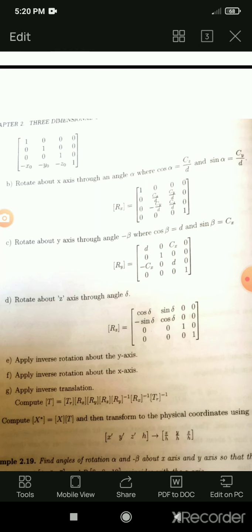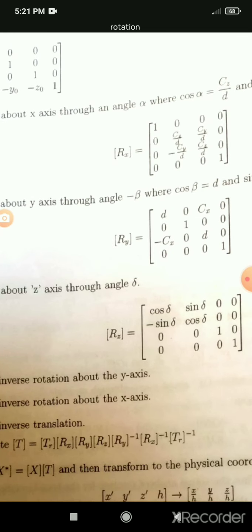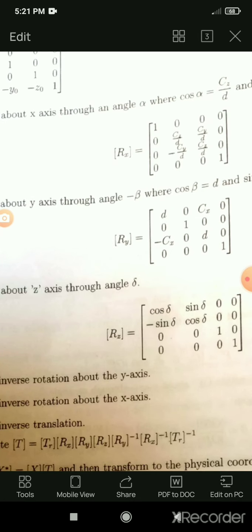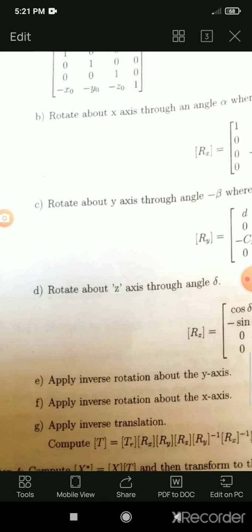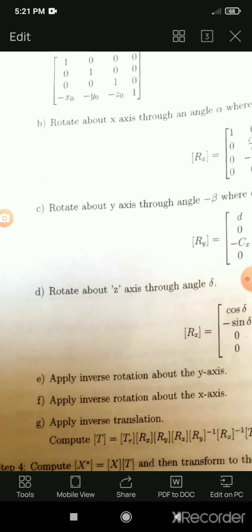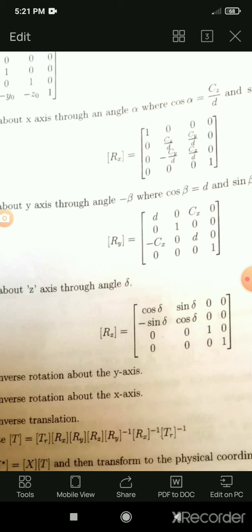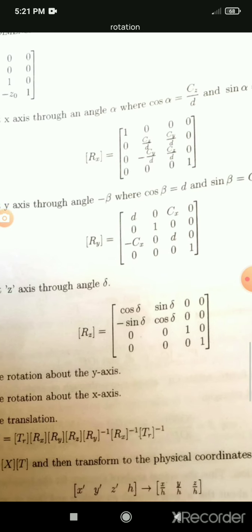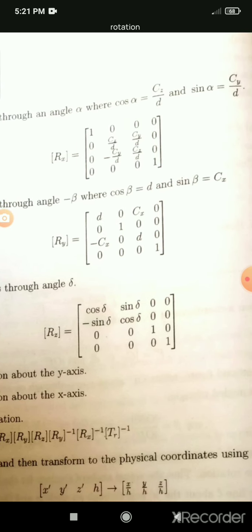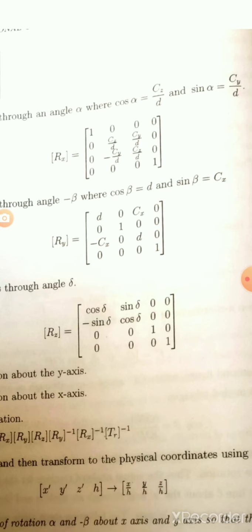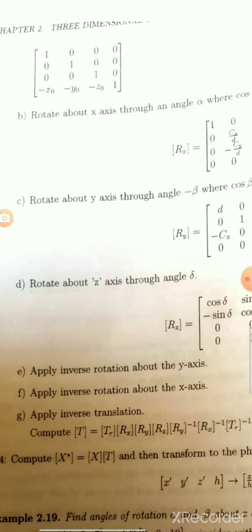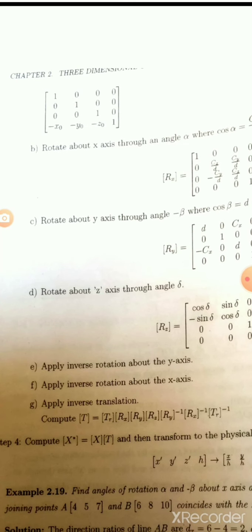Therefore we get the transformation matrix as d 0 cx 0, 0 1 0 0, minus cx 0 d 0, 0 0 0 1. Next is rotation about the z-axis through an angle delta. Therefore cos delta, sin delta, 0 0, minus sin delta, cos delta, 0 0, 0 0 1 0, 0 0 0 1. Then apply inverse rotation about the y-axis.